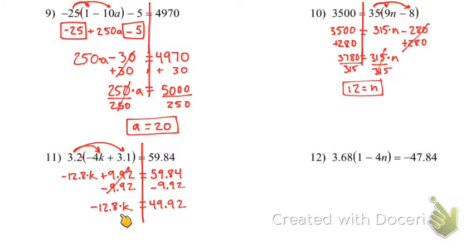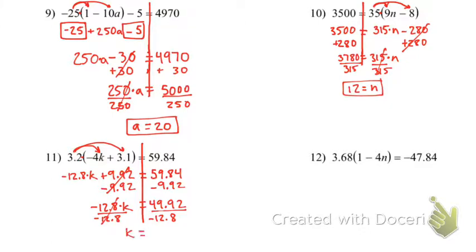So now to get k by itself, I need to get rid of the negative 12.8. Since it's multiplying, I'm going to divide by negative 12.8. Because the opposite of multiplication is division. The negative 12.8 cancels, we're left with k.